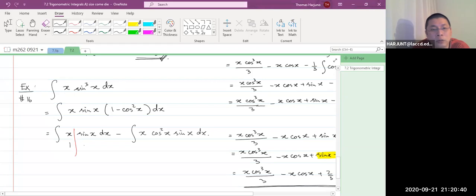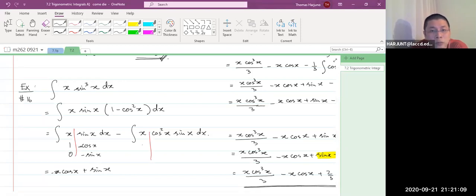This is y, this is negative cosine x. This is 0, negative sine. So this is negative x cosine x plus sine x. The one here is 1, and the integral of this will be negative cosine cube x over 3.